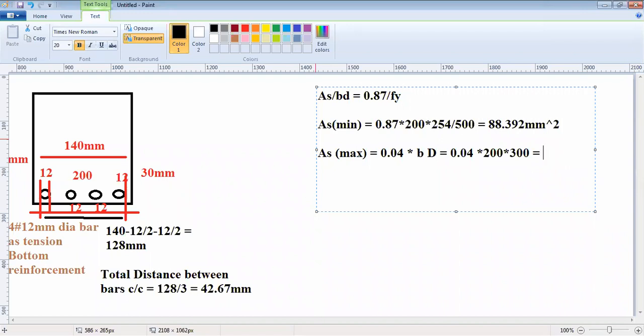Sir, is it 0.87 or 0.85 fy? Probably it's 0.85. Yes, it's 0.85. This correction here. This is 0.85. वो 86.36 आ रहा है. This is coming to be 0.04 cross 200 cross 300. तो ये 600 mm square आ रहा है.